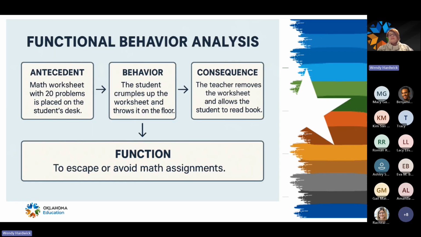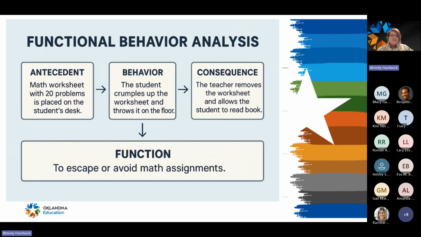So this graphic simplifies the FBA process. What happened before, the antecedent, what the behavior was, and what happened immediately after, the consequence. So in this case, the student throws a worksheet and avoids the assignment. The escape behavior is what we call the function.